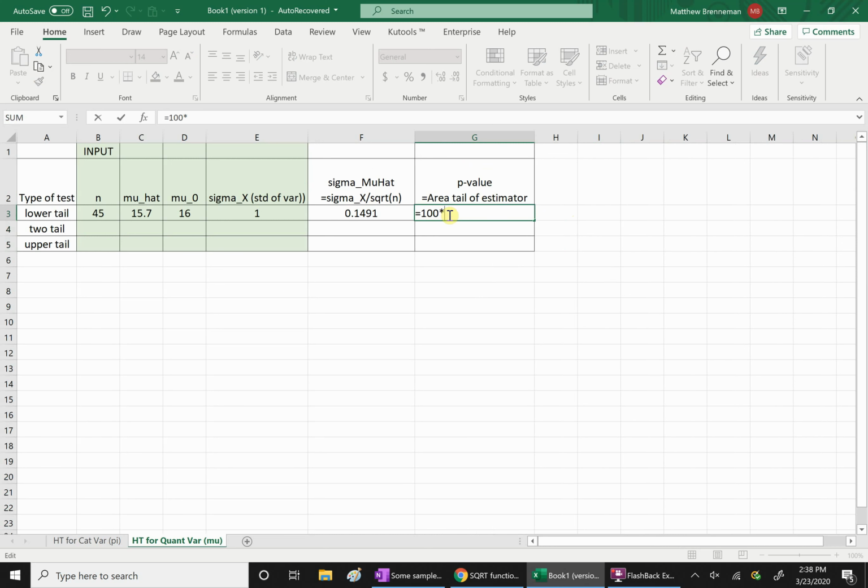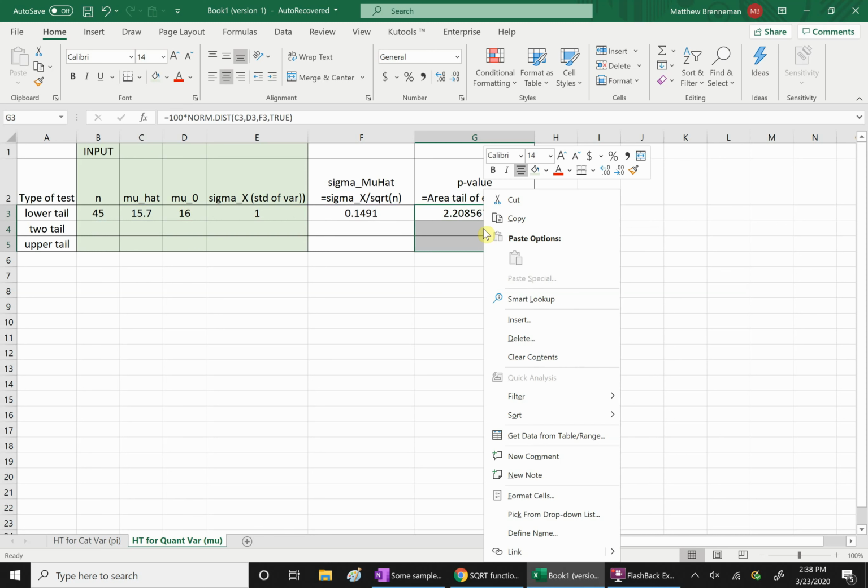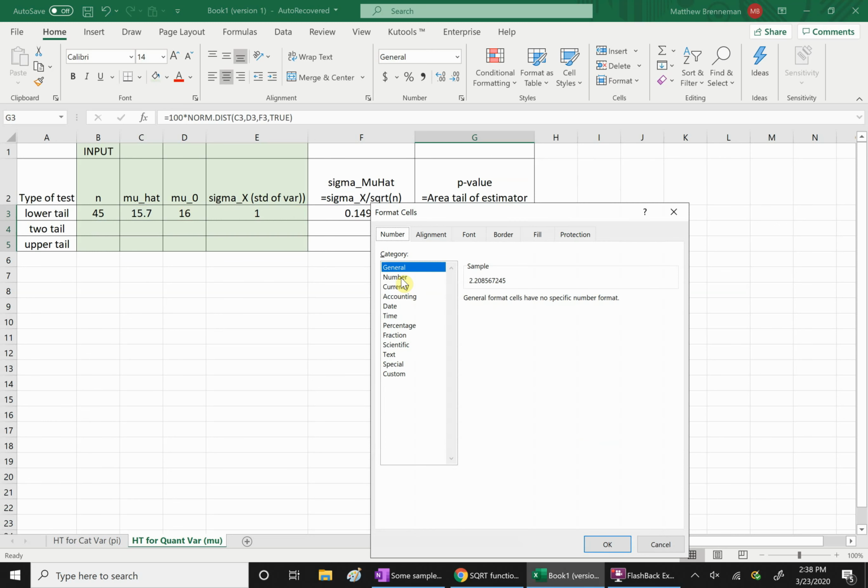So it's going to be 100 times norm.dist. And there's my observed value. This is the mean of the normal distribution. This is the standard deviation. And so roughly we have 2%. Our p-value is roughly around 2%.